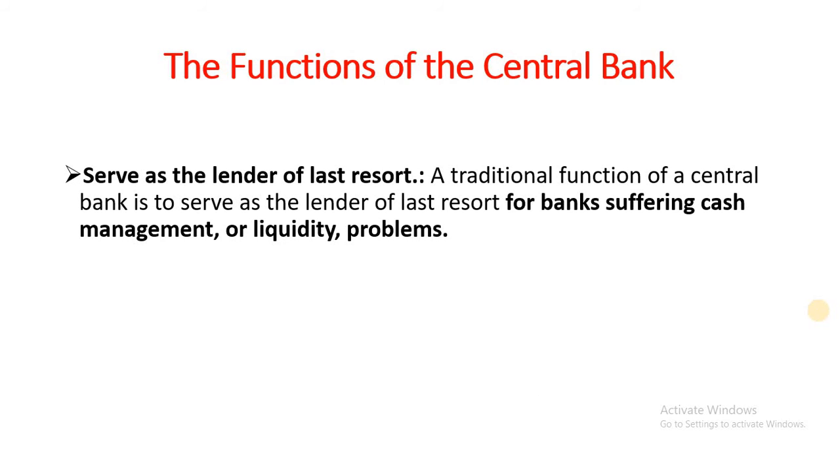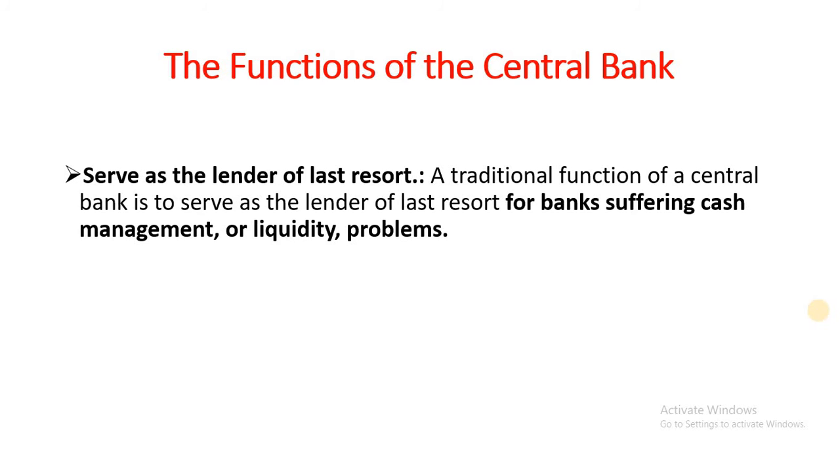Then, the central bank is also known as the lender of last resort. For example, if a commercial bank faces a liquidity problem, in this case, the central bank can help the commercial bank with the cash needs.